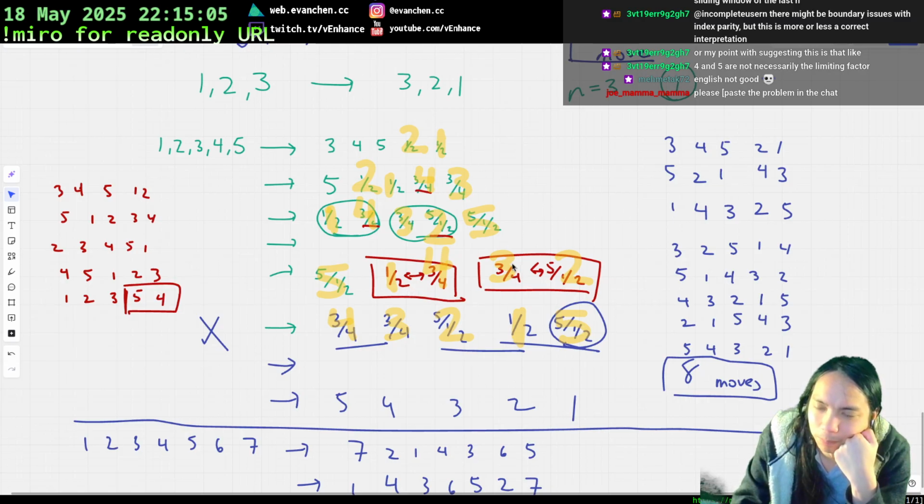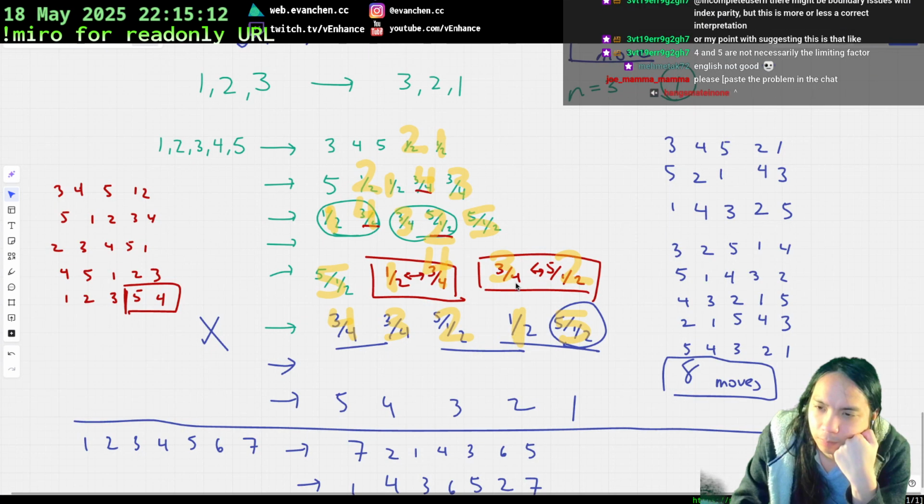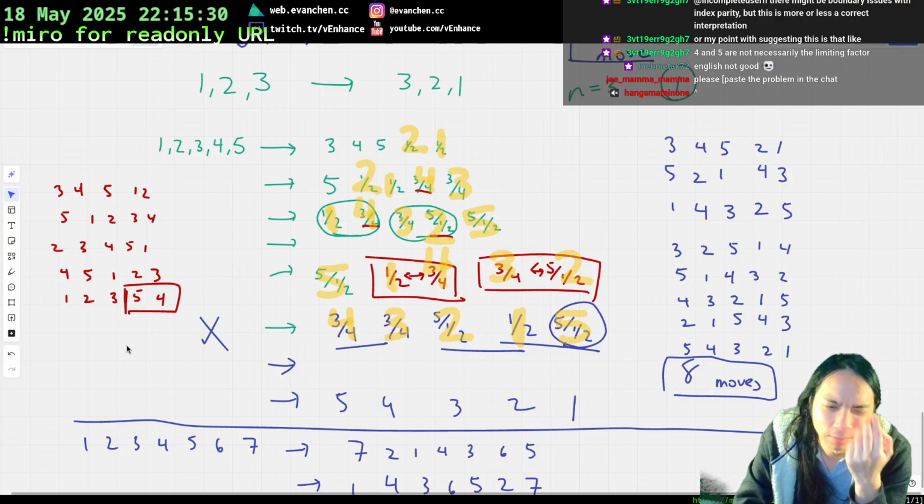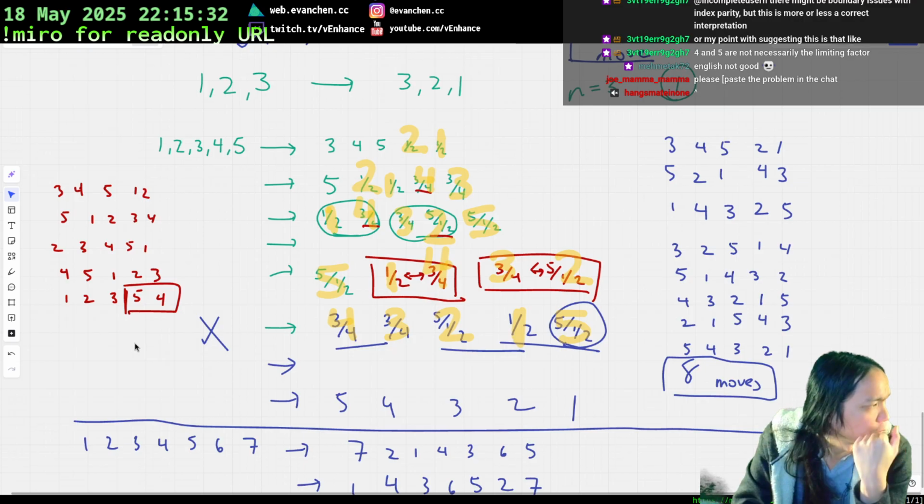Like the whole... No, this 5 would have ended up, wait. If I switch them, then it's following where the 3 is. It's like 3 here. Yeah, no, it's slower. This doesn't terminate in... This takes more than 8 moves.